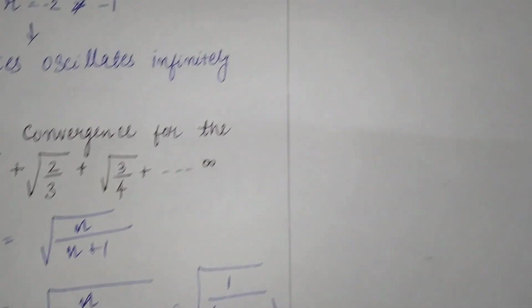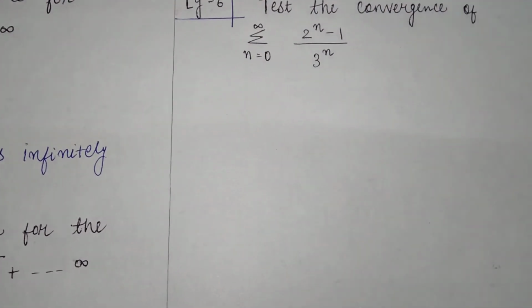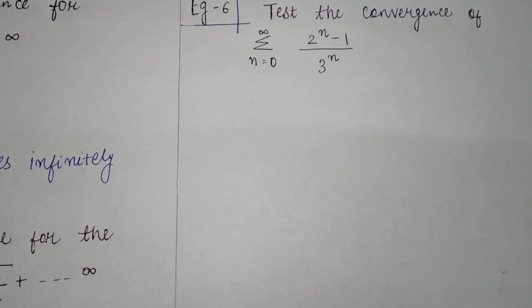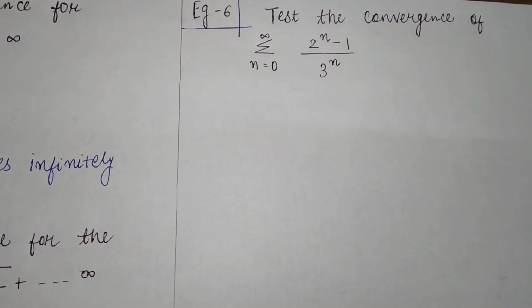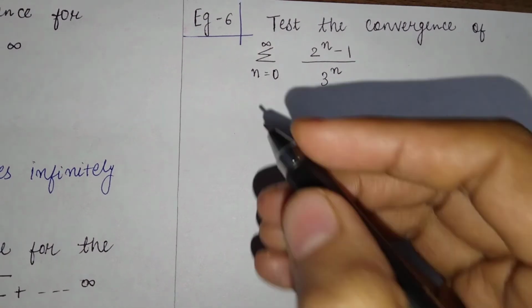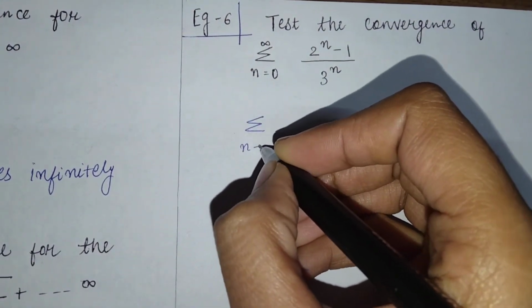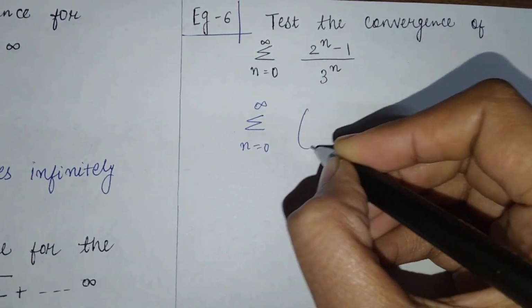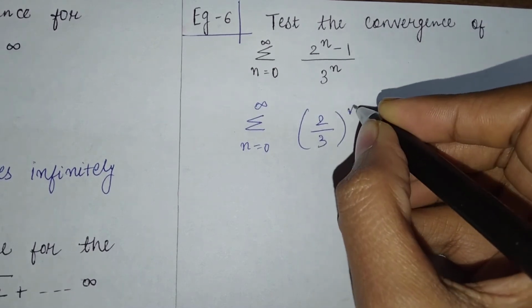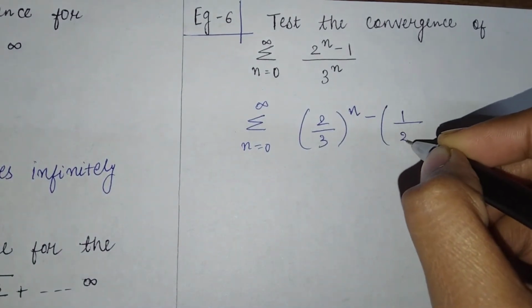Okay, example 6. Test the convergence of summation n equal to 0 to infinity 2 raised to n minus 1 upon 3 raised to n. Okay, so now we can rewrite this given term as summation n equal to 0 to infinity 2 by 3 raised to n minus 1 by 3 raised to n.